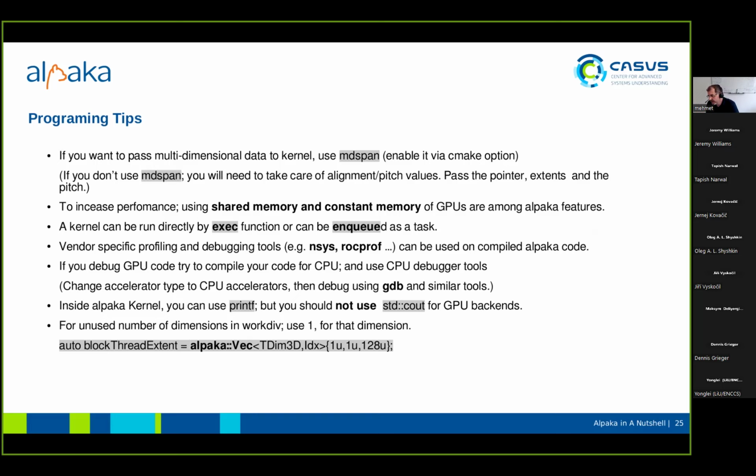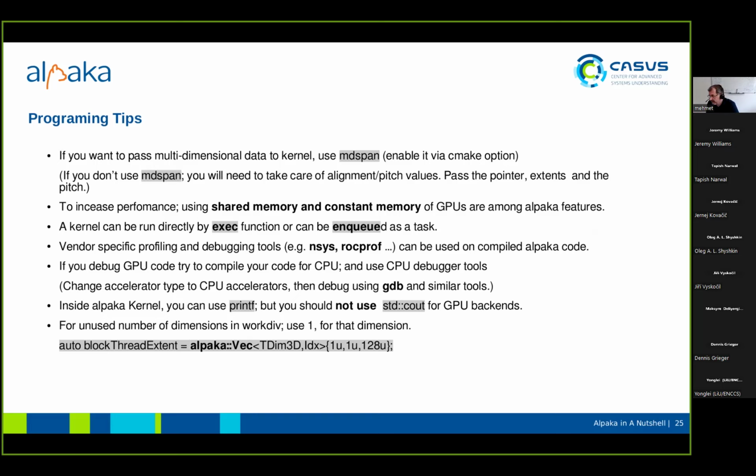If you debug GPU code, try to compile your code for CPU and use CPU debugger tools for some types of bugs. This is a useful technique. Since Alpaka is an abstraction, you can easily change the backend. And why don't we change the backend to solve some bugs?